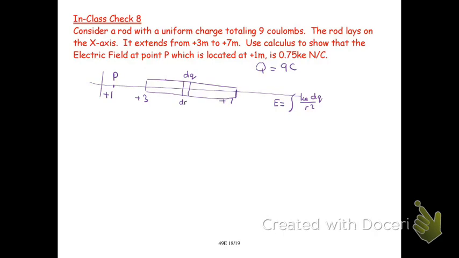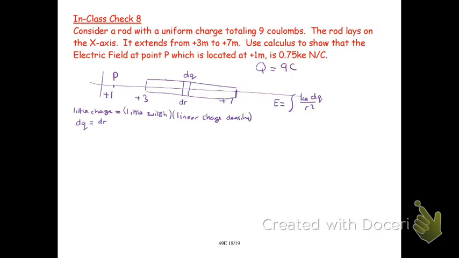Now, the physics explanation is that my little bit of charge, which I want to get rid of, is equal to my little slice or width times the linear charge density.